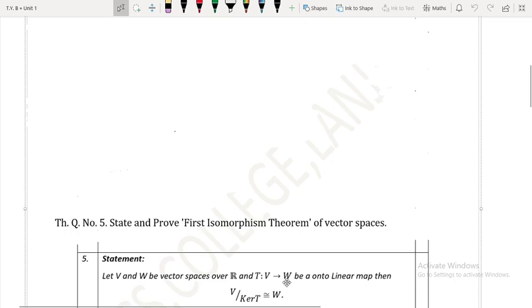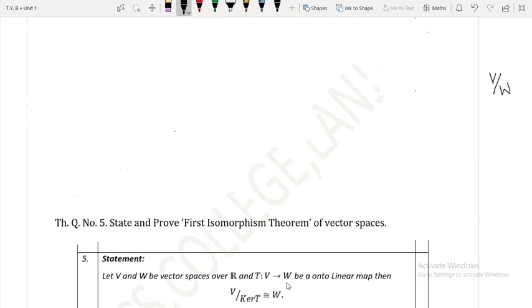Now let us go a little bit back and try to recall the definition of quotient space. Our quotient space V mod W is well defined provided, obviously, V is a vector space and W is a subspace of V. That is important.